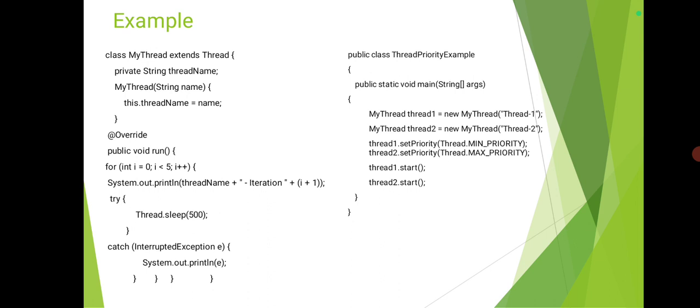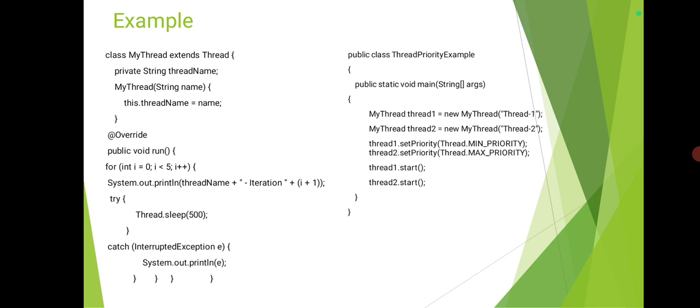The class name is MyThread and it extends Thread, and I'm giving a variable as a private String threadName, and I'm creating a constructor. The method name, you can give as you wish, or else here I'm giving my class name as the method name, and I'm passing only one parameter, that is String name.